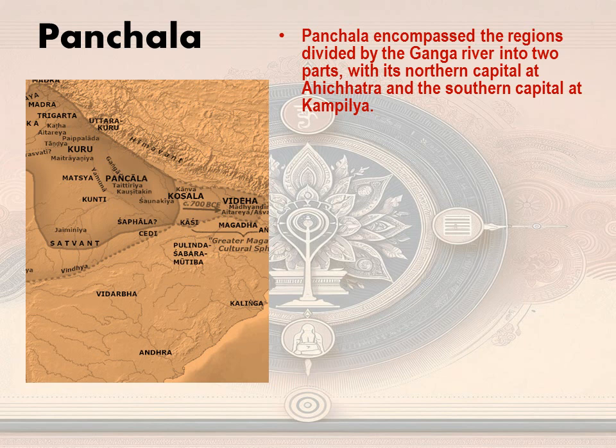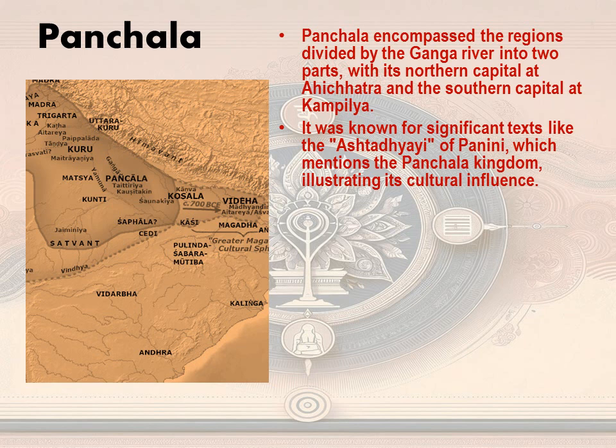So horizontally the kingdom was divided by the Ganga river, and northern Panchal had the capital at Ahichhatra and southern Panchal had its capital at Kampilya. It is known for significant texts like the Ashtadhyayi of Panini, which mentions the Panchala kingdom, illustrating its cultural influence. So Ashtadhyayi is a text composed by Panini, and there we find multiple references to Panchala kingdom.